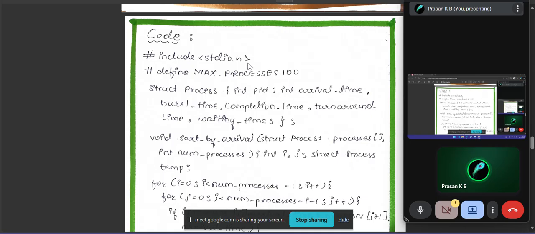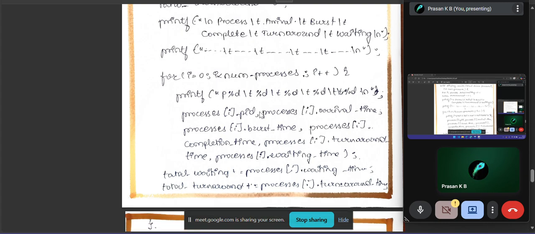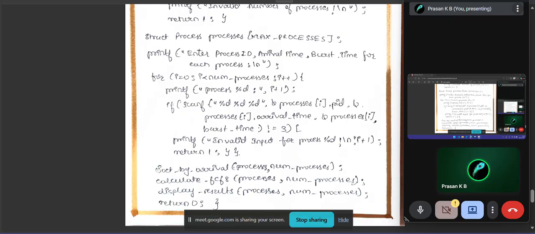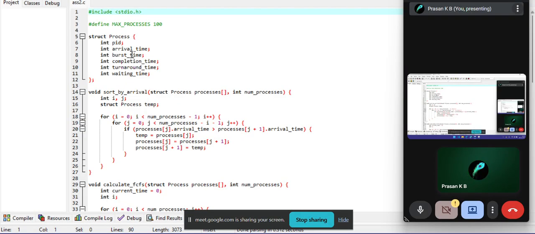And next is the code structure. Here you can see I have written the code in this manner, but you can see this structure well only in the compiler. I have done it in Dev C++. Here you can see the #include headers, which are the libraries I have called for this.